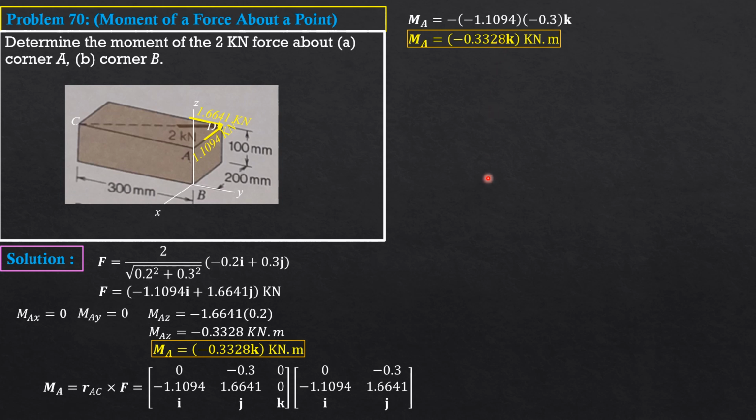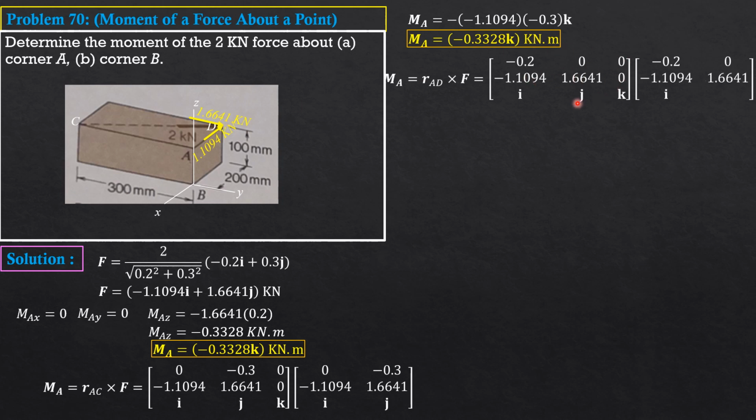Then about B, MA also is R AD cross F. If we choose AD, the position vector is negative 0.2 I only, then along Y and along Z, 0, 0.